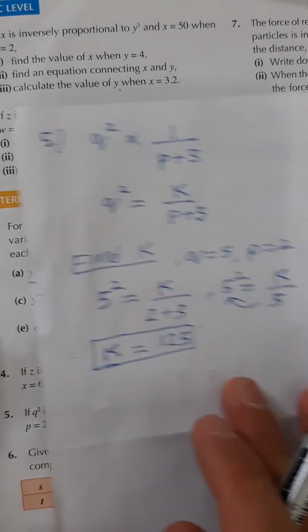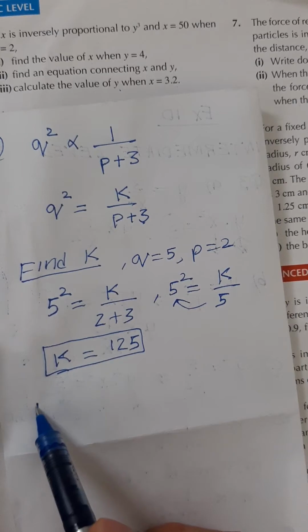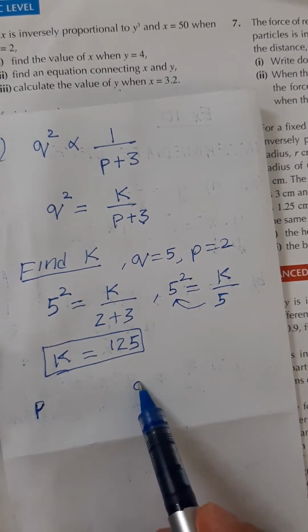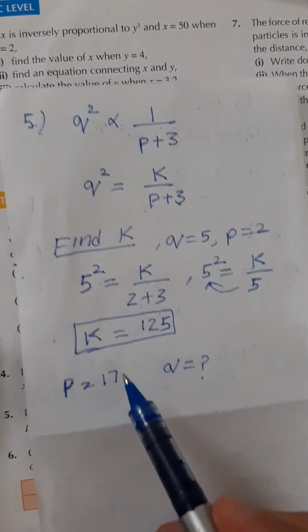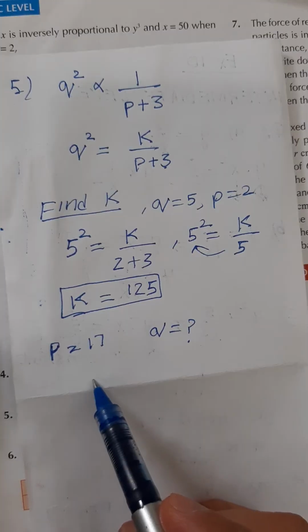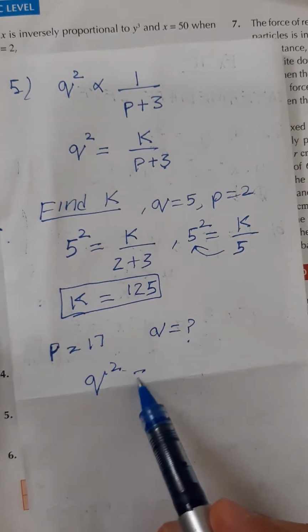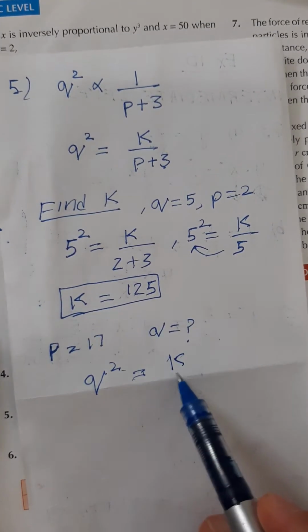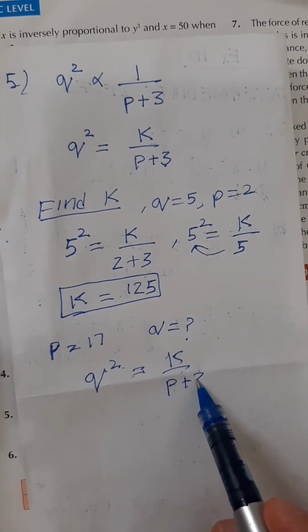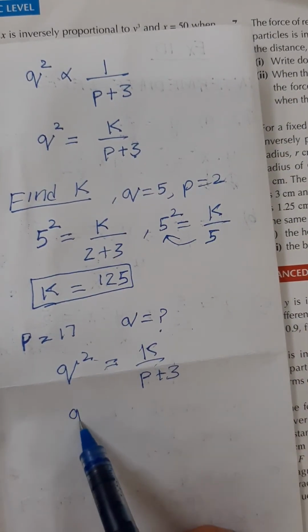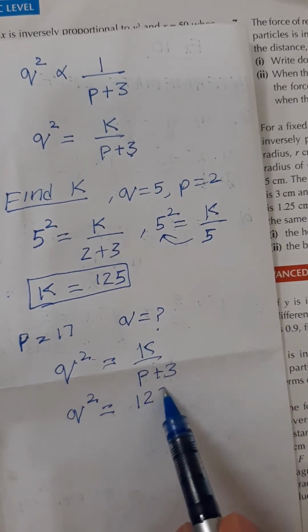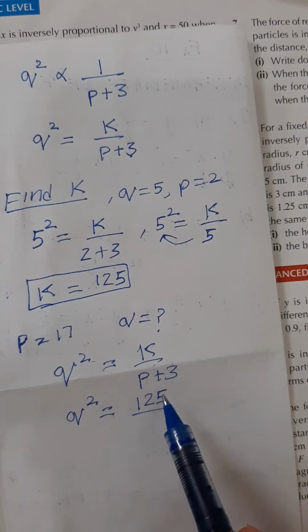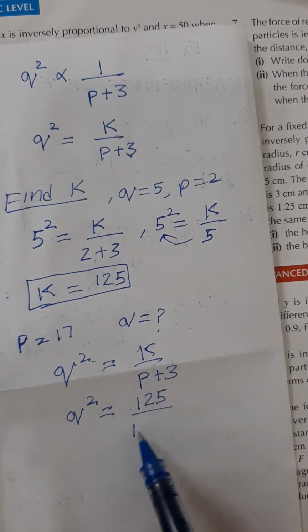So after finding k, you have to find the value of q when p is 17. Write down the equation connecting q and p. This is the equation where q is to be obtained. k has been obtained, which is 125 over p plus 3, where p is 17.